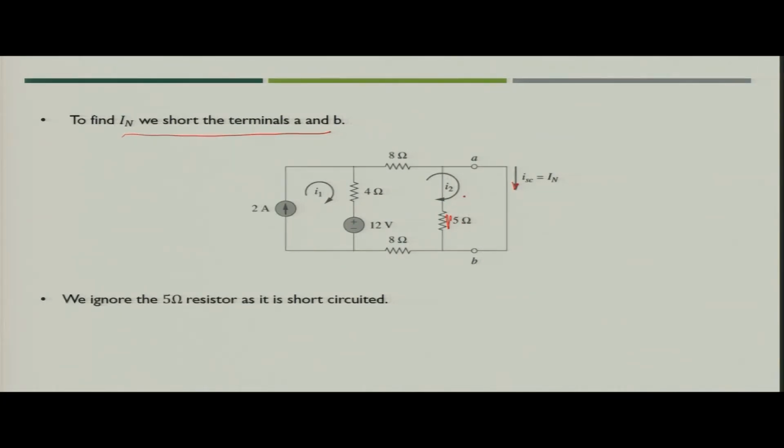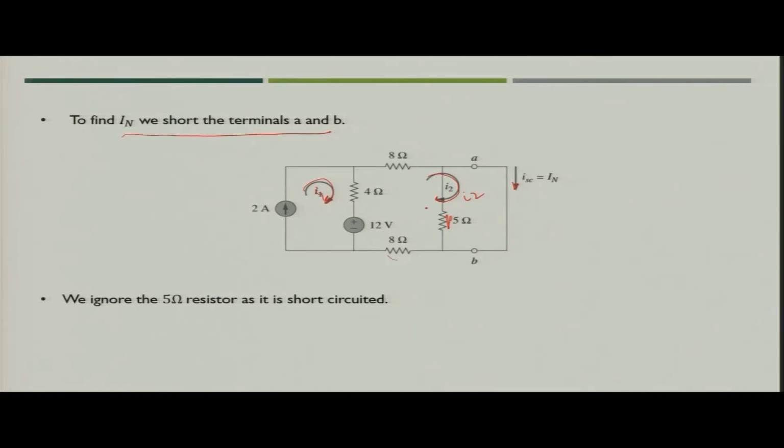So, in that way we will be left with only 2 meshes which would be connected. So, let us say this is the mesh current as I1 and this is mesh current as I2, which is flowing through 4 ohm, 8 ohm and then this through short circuit wire, then again 8 ohm and 12 volt source.